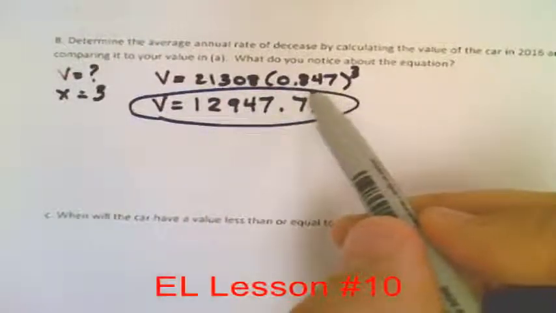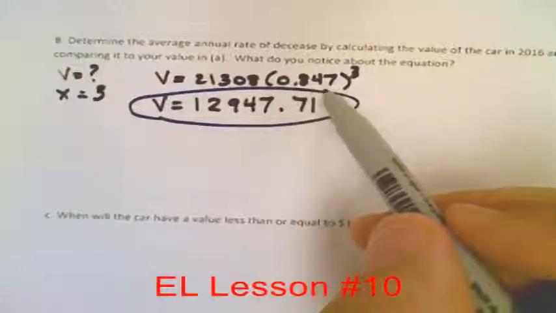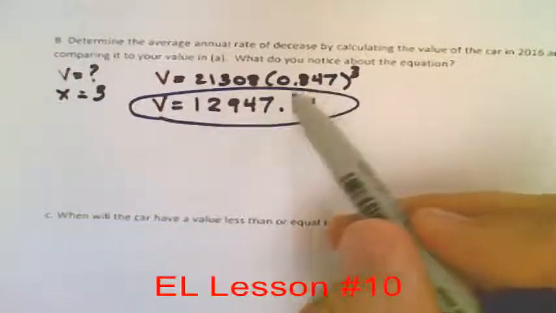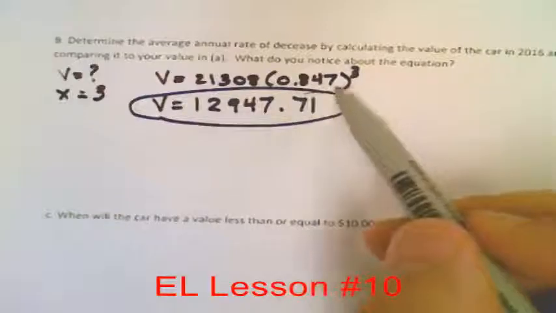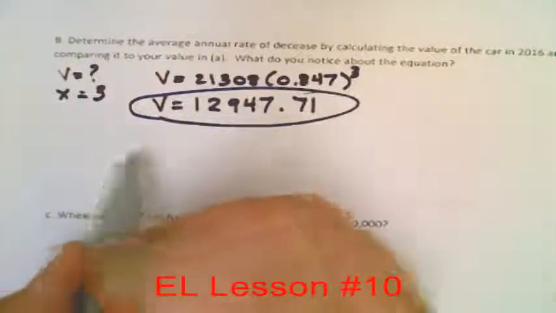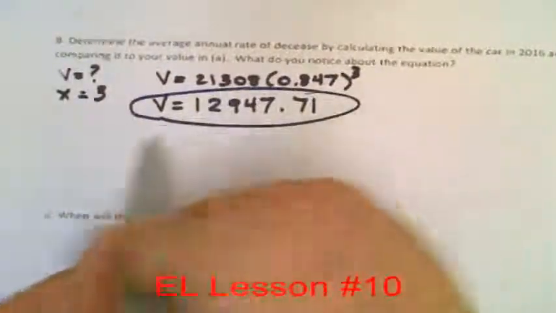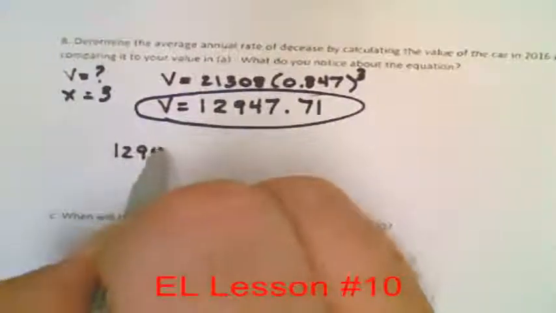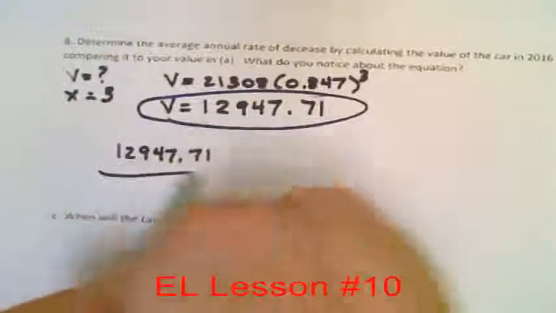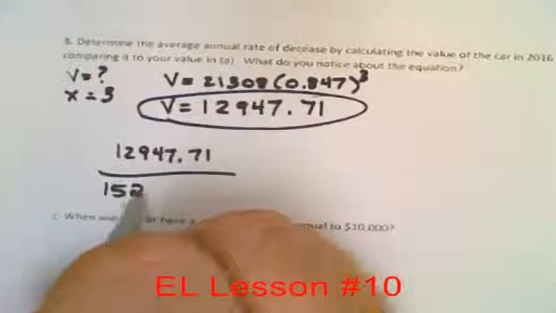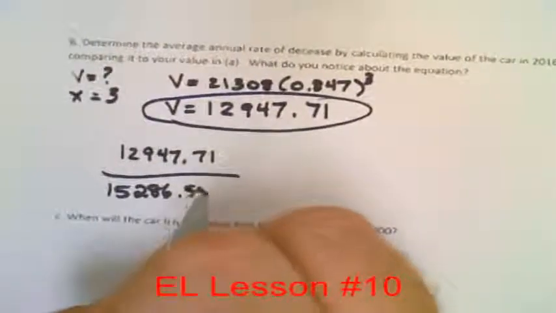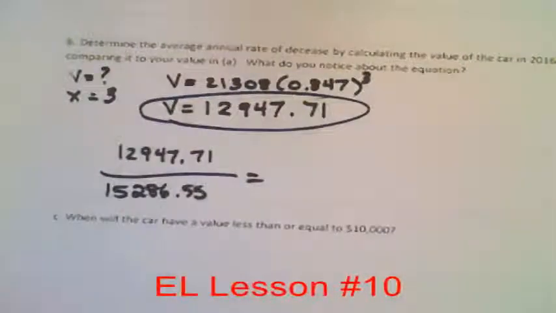And I go and figure that out. Okay, and it is going to tell me that the value of the car then is $12,947.71 based on this model. Now once again, it's an approximate. But based on this model, I've got that.